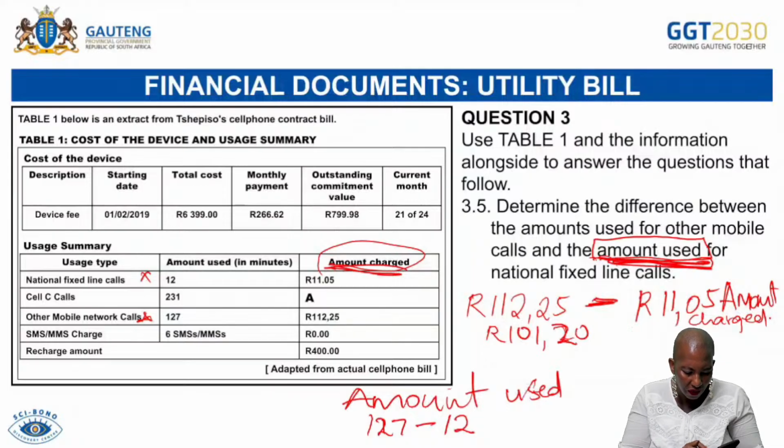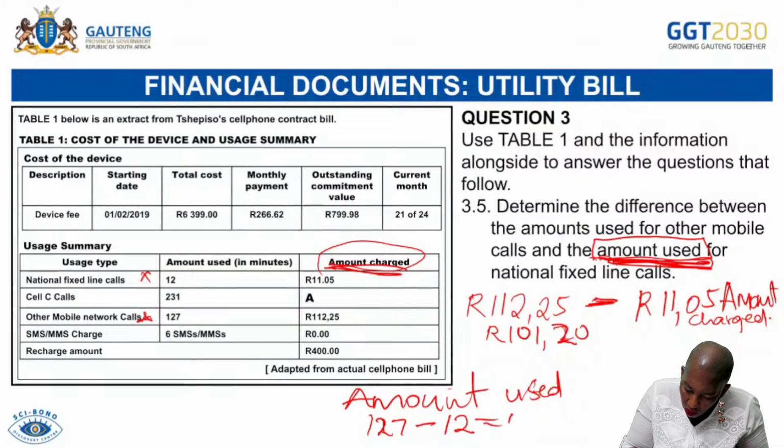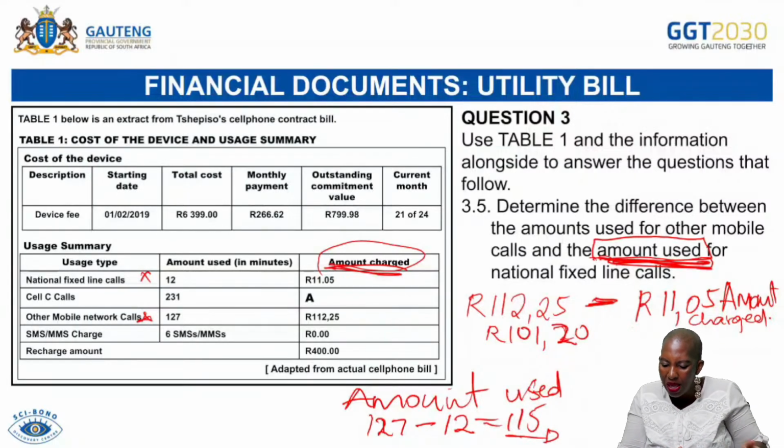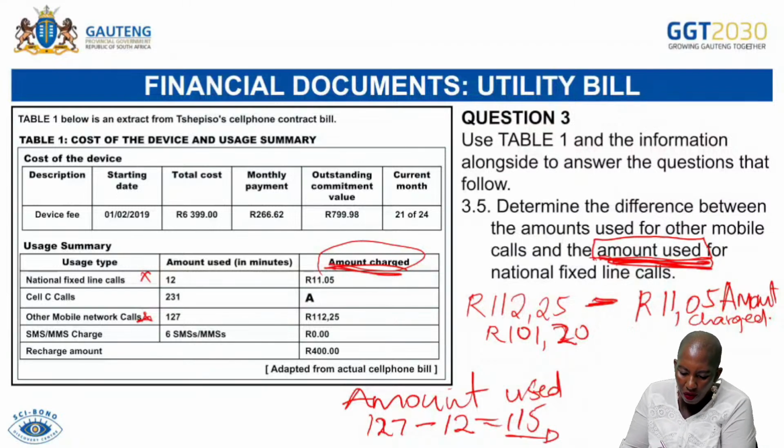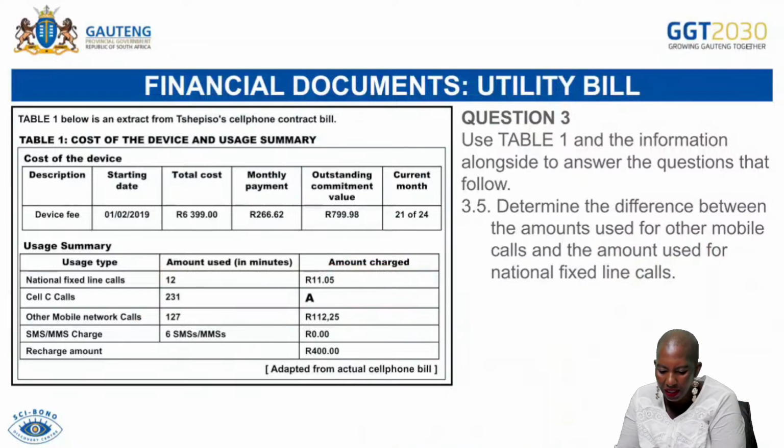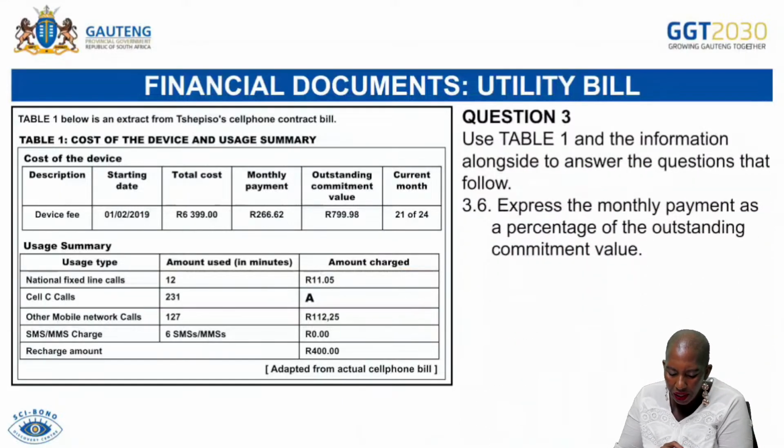It is 127 minus 12. That will be 115. This is the amount used in minutes from calls, other mobile calls, and the national fixed line. Now quickly use the table again to answer the questions that follow.